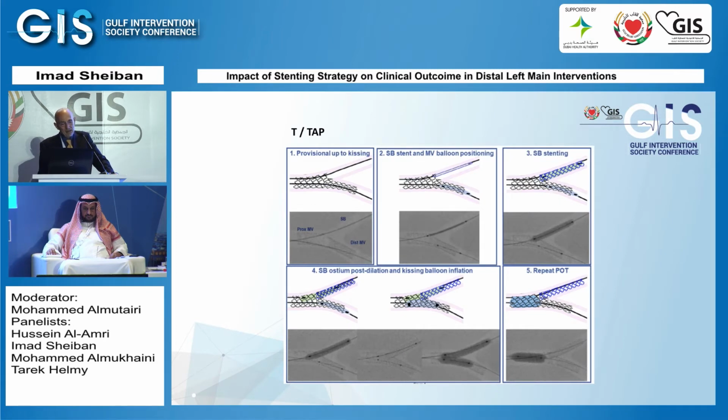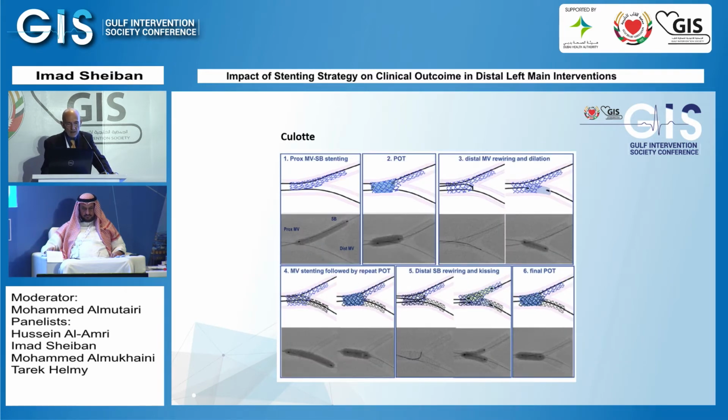T and TAP technique, coming from T stenting, the basic strategy, and now you can see how we can avoid leaving gaps at the bifurcation, protruding a small segment of the stent in the main vessel. Culotte, again, is not done as in the first description, since we are improving the expansion of the stent before putting the second stent.